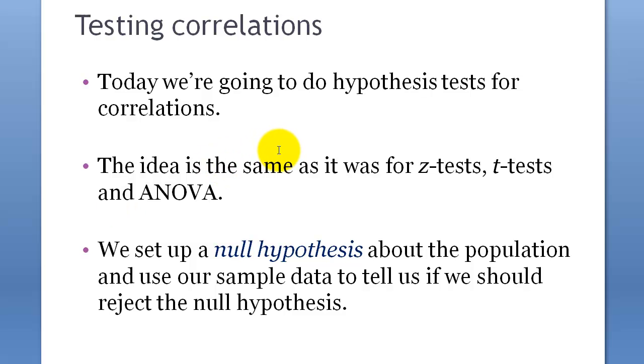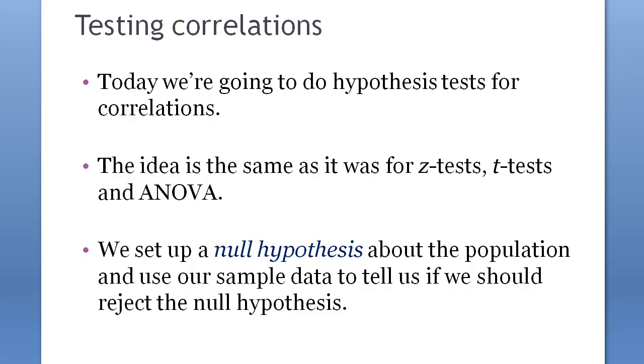So we're going to do a hypothesis test for correlations for the value of r we get. Just like the z-test, t-test, and ANOVA, we can use a null hypothesis and either reject or fail to reject.